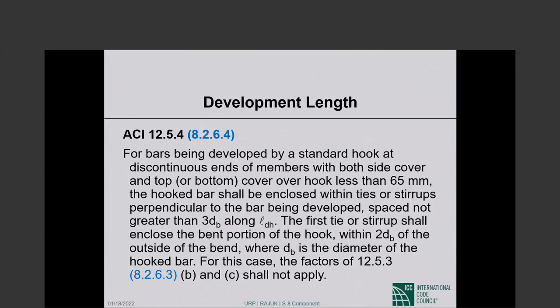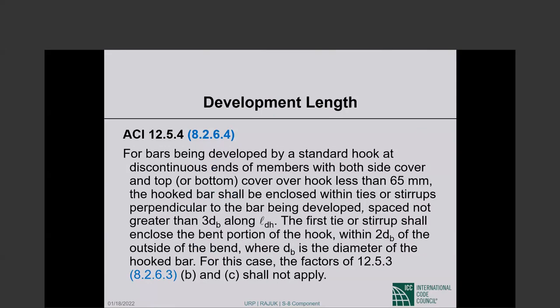This you have seen for bars being developed by a standard hook at discontinuous ends of members with both side cover and top cover over hook less than 65 millimeters.